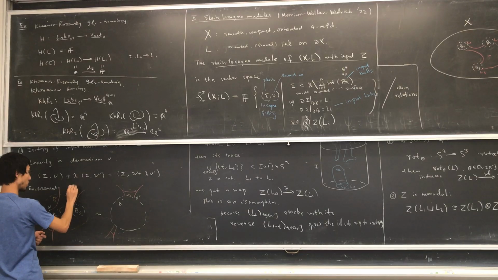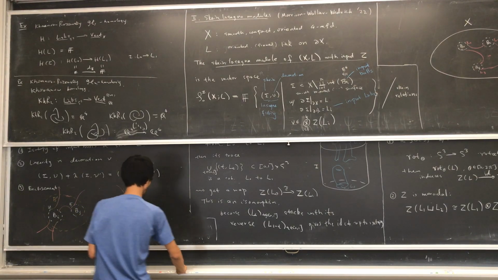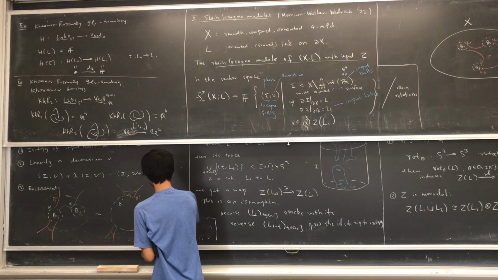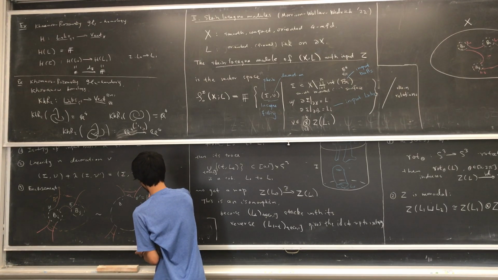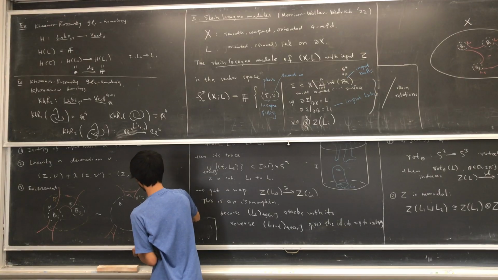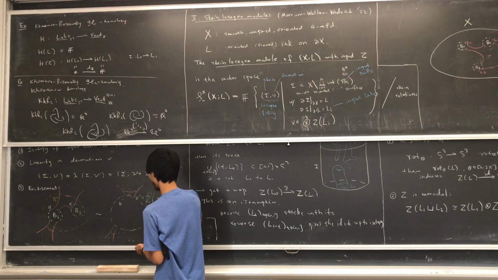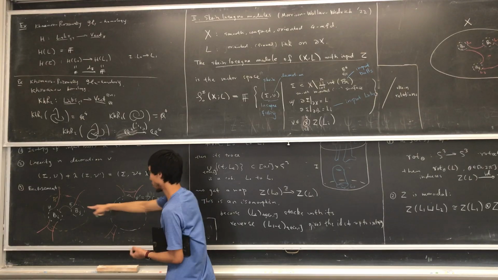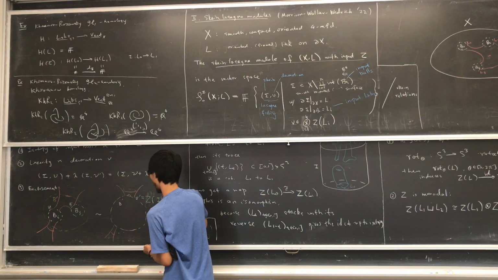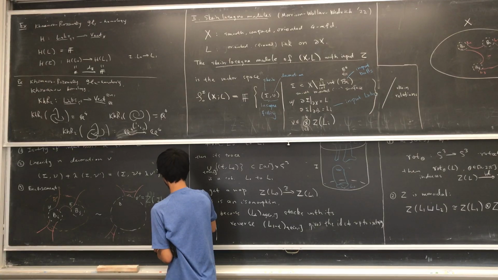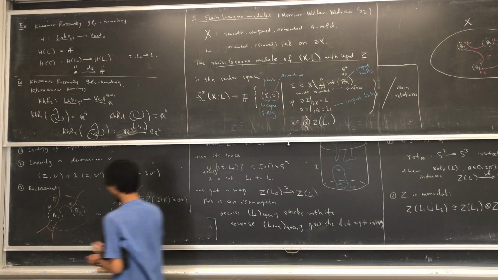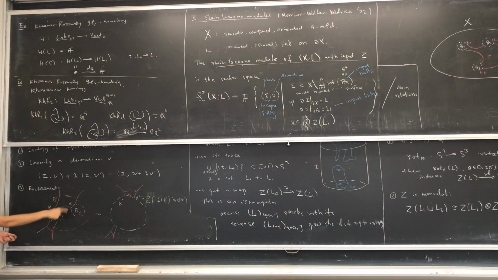So V prime is the image of VI tensor VJ under the conversion given by the part of the skein inside B prime.